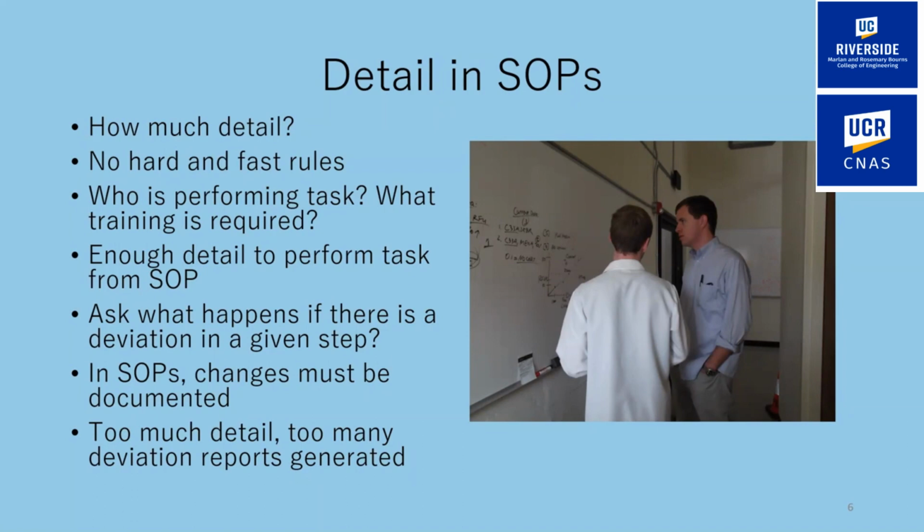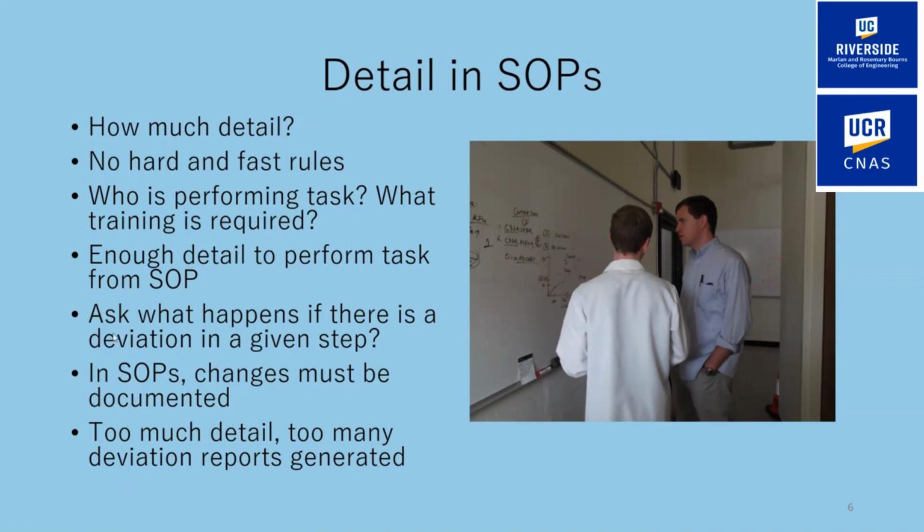And this is where the potential for excess detail could become problematic. If you have too much detail, then you'll generate too many deviation reports, because generally speaking, you will want to document any deviation from a standard operating procedure that you have. So it's very much a balance involved with creating standard operating procedures.